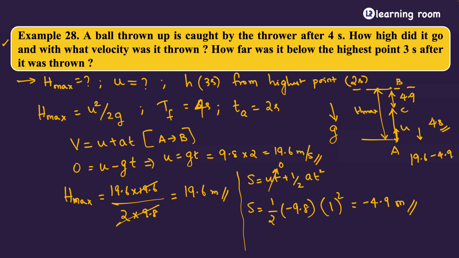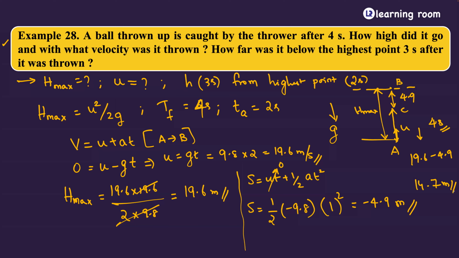Then how much will the answer be? 16 minus 9, you will get 7. 18 minus 4, you get 14.7 meter from the ground, right? 14.7 meter from the ground. Whereas the question is all about how far is it from the highest point. So from highest point, the answer is still 4.9 only. So if they ask the question to be from the ground, then you should report it as 14.7.